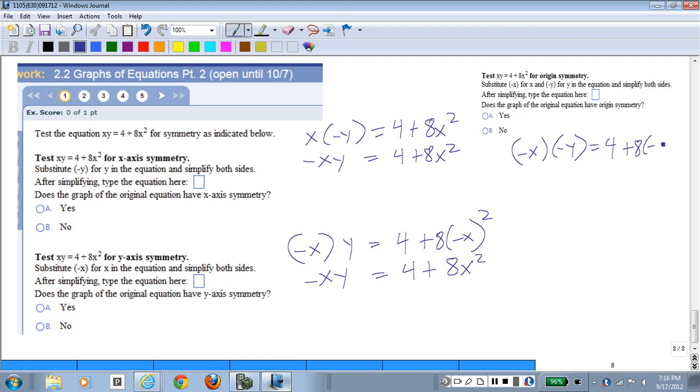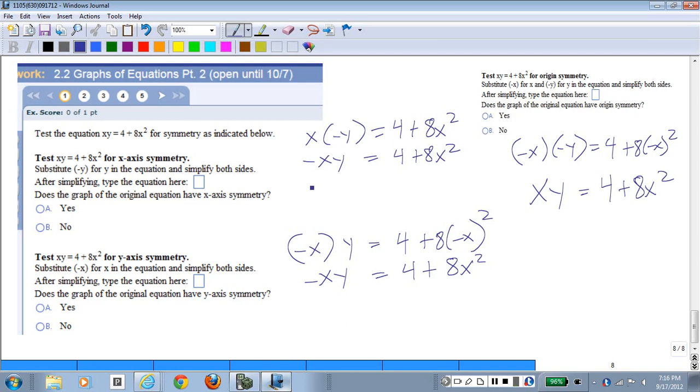But what's negative x times negative y? xy. And over here we get 4 plus 8x squared, and that is identical to the original. So since that's identical to the original, that's a yes for origin symmetry.